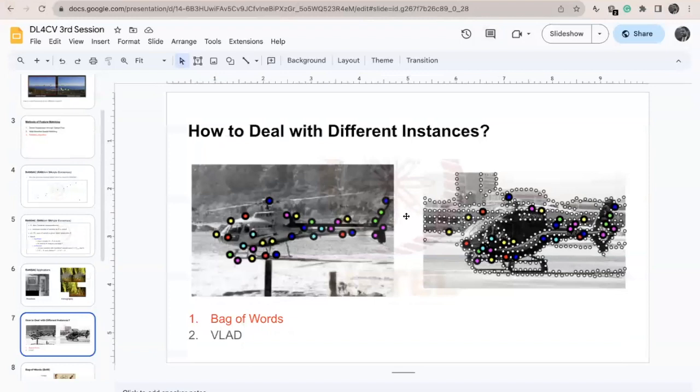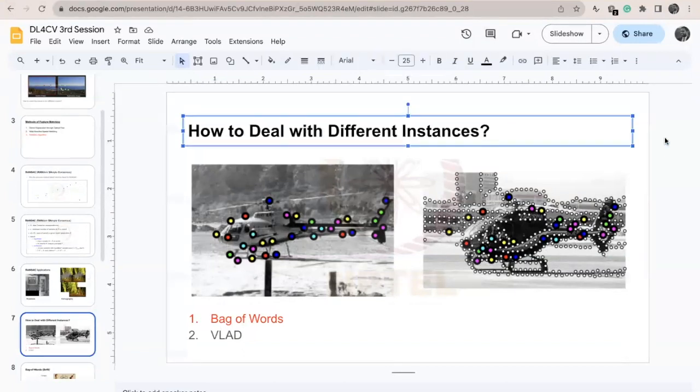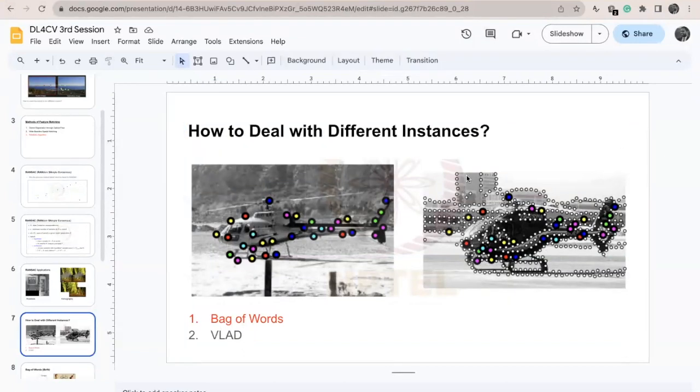These two algorithms came as a lifesaver for us, and we use them to match different instances of the same image.